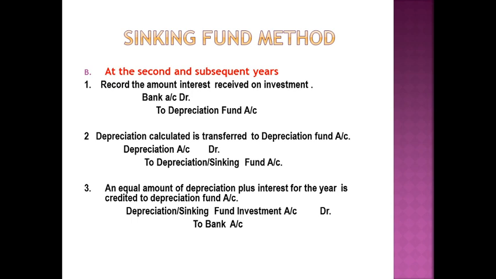In the second and subsequent years also, we buy securities, and the amount is the depreciation plus interest for that particular financial year. The journal entry is Depreciation Sinking Fund Investment Account debit to Bank Account.